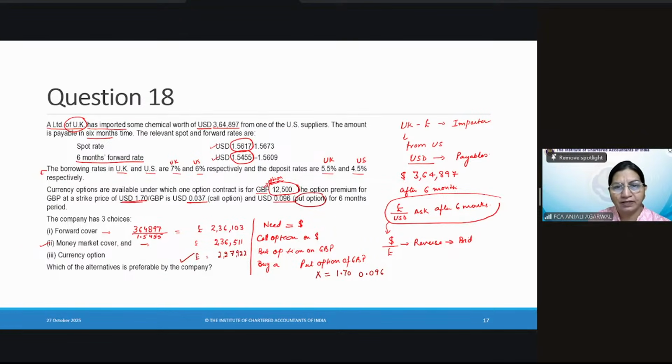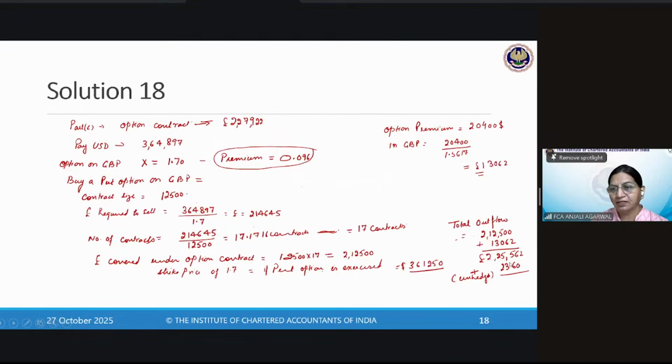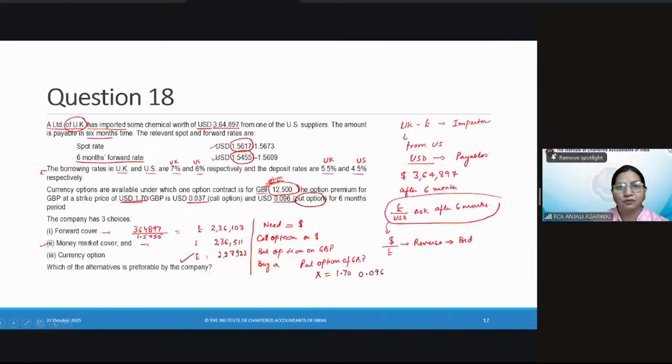Once again, you will write that the premium will be payable upfront, but you are ignoring the amount as it would not make much difference. So interest cost is ignored. However, here because the US and UK rates are given, you have calculated that you need a premium of 13,062 pounds. You can borrow that 13,062 pounds in UK at 7%.